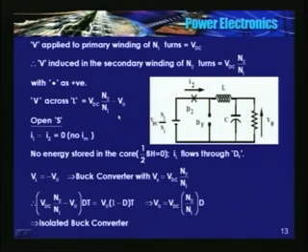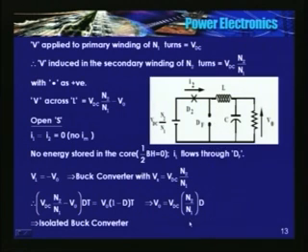So when I open the switch, DF starts conducting, and the voltage appearing across the inductor L is nothing but V0 itself.